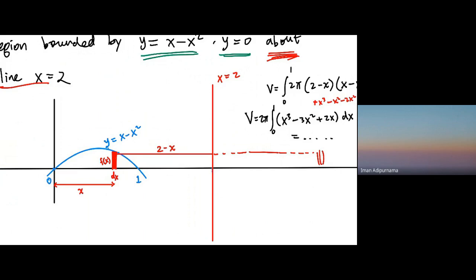Again, here the variable x is part of the radius, so you need to use the radius here, which is 2 minus x. I hope you get what I mean. It's really important to find the result through the radius.